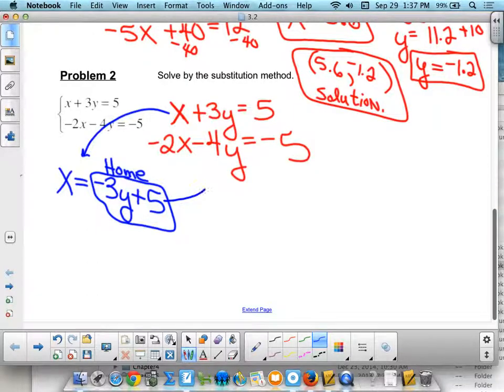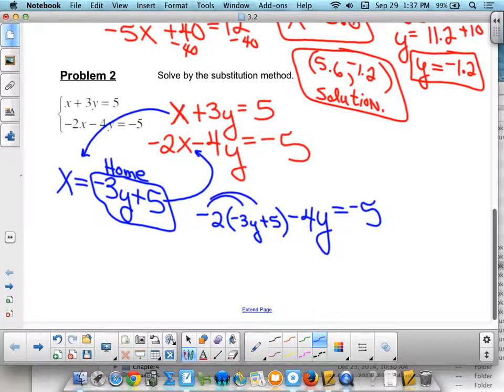X. It has to be x, because x equals that number. So in for x, put -3y plus 5. I'm going to rewrite this. Here we go. In for x, put this number, -3y plus 5, and start working it out.